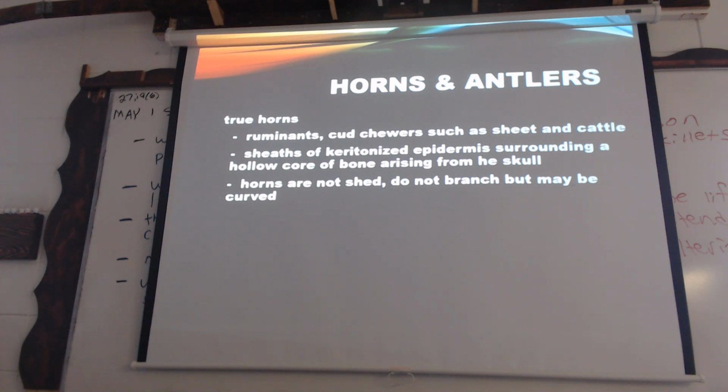Can these structures be removed from members of the bovine family? Can you take horns off? Sure, you can take the horns off. It's been so long since I've seen that process done.